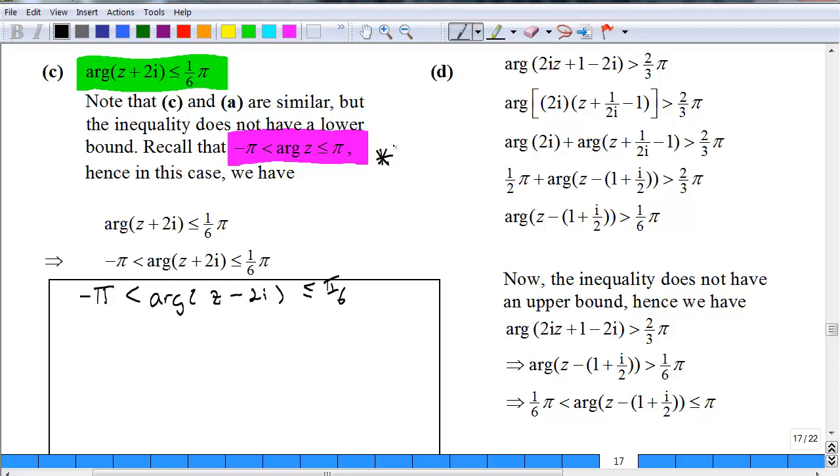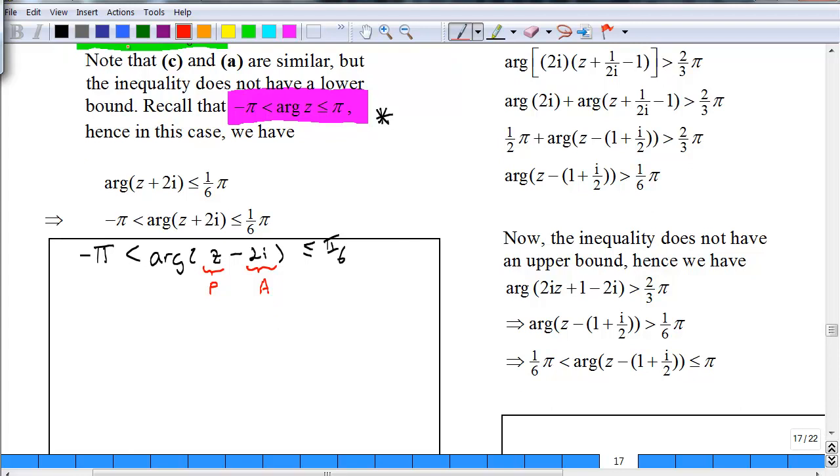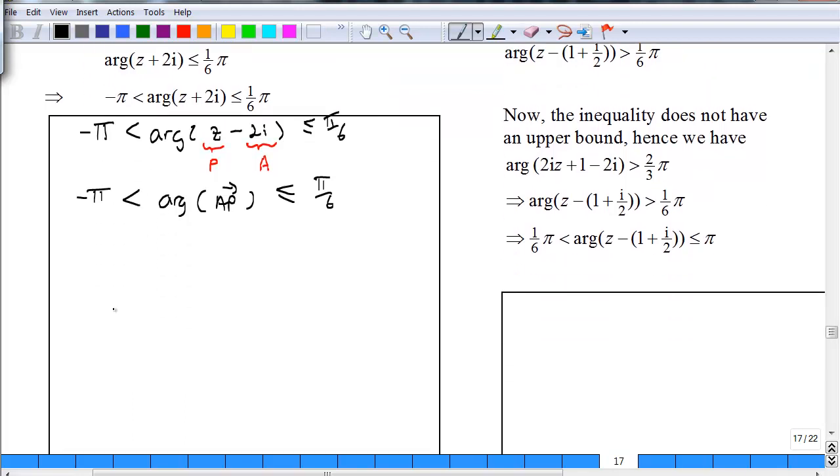Right, so again, now let's put in the points. z is represented by the point P, and 2i is represented by the point A. So if we look at the analogy of the vector, you are looking at the vector AP making an angle pi over 6 from the horizontal and negative pi from the positive horizontal.